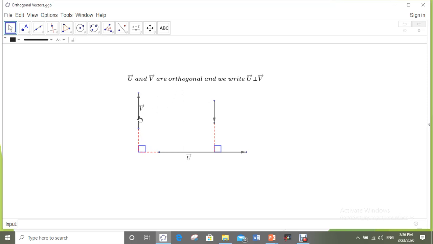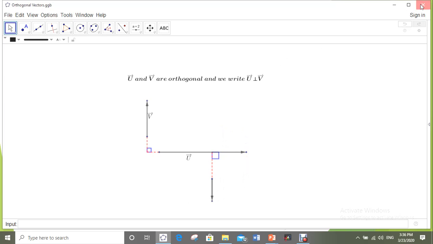Anyway, these two vectors, let's consider u and this is v, and as you see the geometric angle between them is 90. For this reason they are orthogonal, even in this position or that position, or even if they intersect each other. In all cases we can say they are orthogonal vectors. Or possibly we have them in this position, or that position.